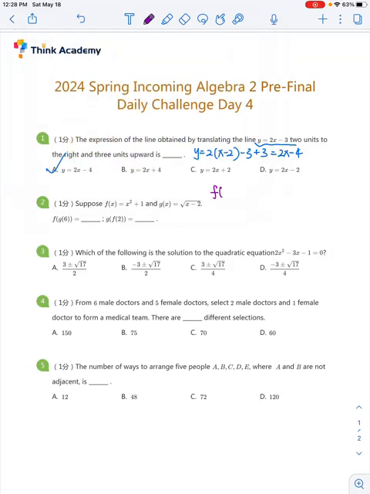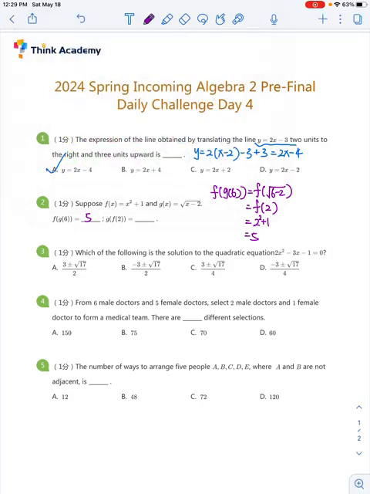So f of g of 6 is f of the square root of 6 minus 2, which is f of root 4, which is 2. Plugging 2 into this function, we have 2 squared plus 1, which equals 5. So the first blank will be 5.